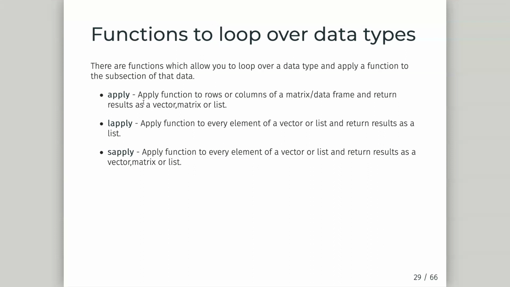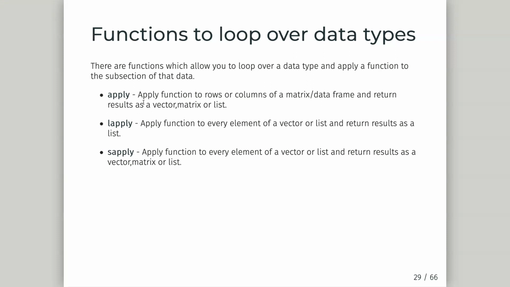So there are functions that allow you to loop over a data type, apply a function to the subsection of that data. So apply will apply a function to the rows or columns of a matrix or data frame, and it returns the results as a vector, matrix, or a list. lapply goes through every element of a vector or a list and returns the results as a list. sapply, smart apply, applies the function to every element of a vector or list and returns the results as a vector, matrix, or list.